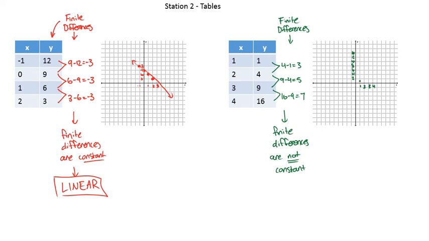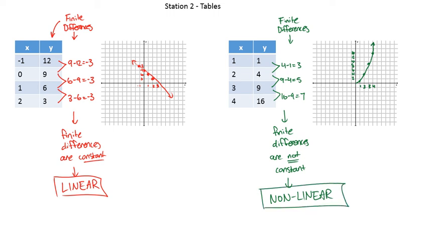So 1 and 1 is going to be halfway through. 2 and 4, 3 and 9 is going to be up here. 4 and 16. So these don't quite connect with a straight line. It's actually going to be a little bit curved. And so when your finite differences are not constant, you end up creating a non-linear graph.